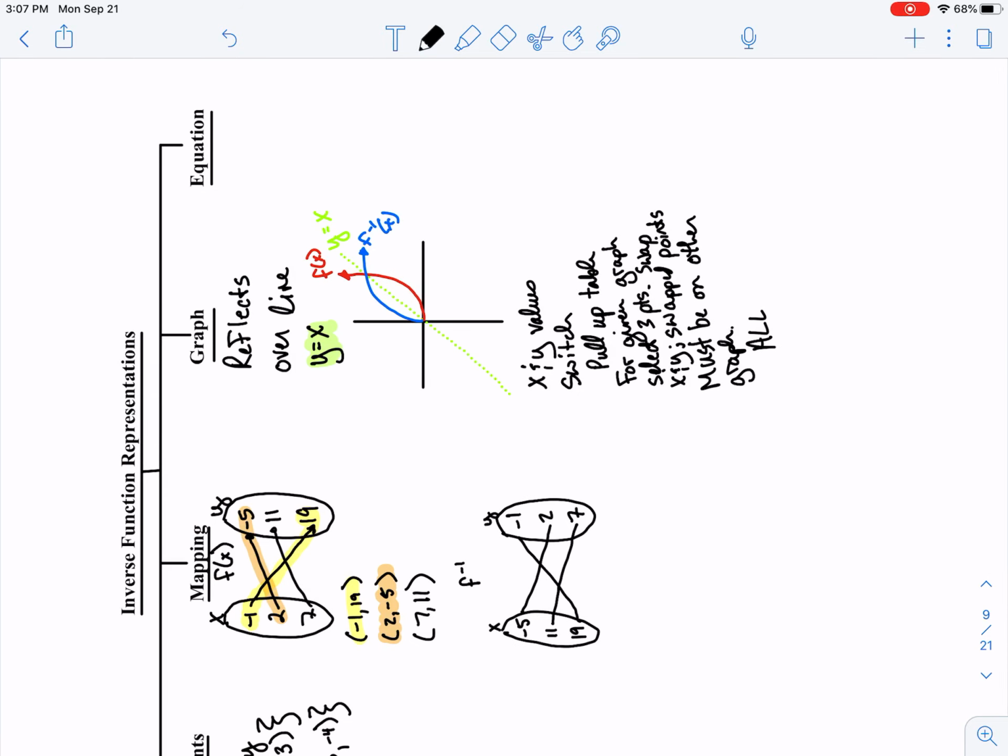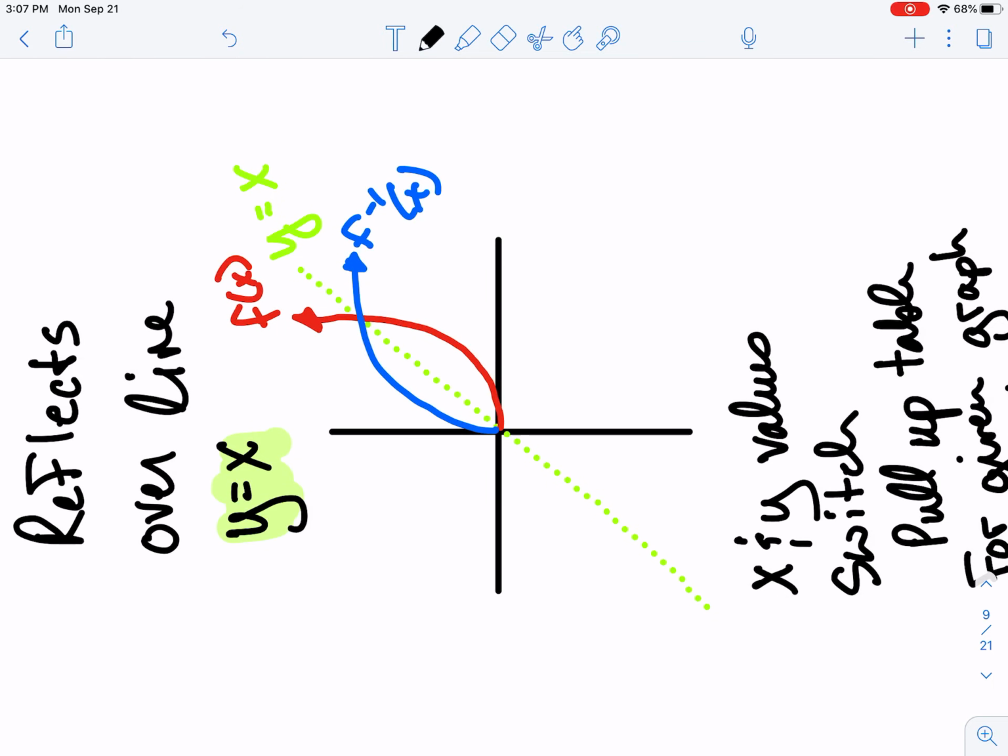All right, so for example, I would have this point corresponds with this point, to this point, to this point. So if I have x values, and then f of x, which is the y values.